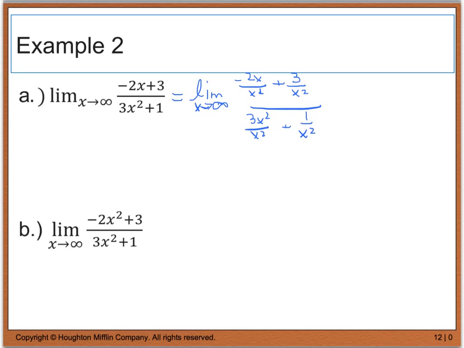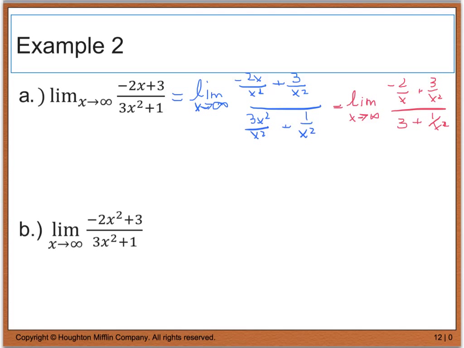Now when we simplify this, this gives us the limit as x approaches infinity of negative 2 divided by x plus 3 divided by x squared, all divided by 3 plus 1 divided by x squared. With direct substitution, I can now go ahead and evaluate this limit.